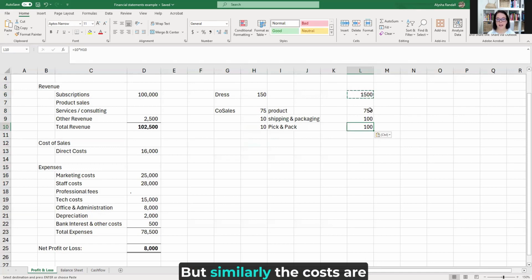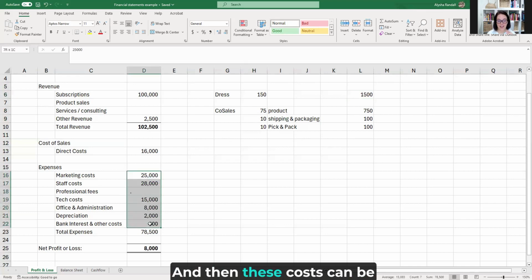But similarly, the costs are going to increase in line with your revenue. So it's a direct cost. Hopefully that makes sense. And then these costs can be variable or fixed, and I'll go through that separately.